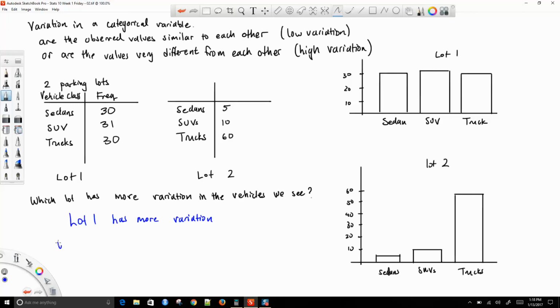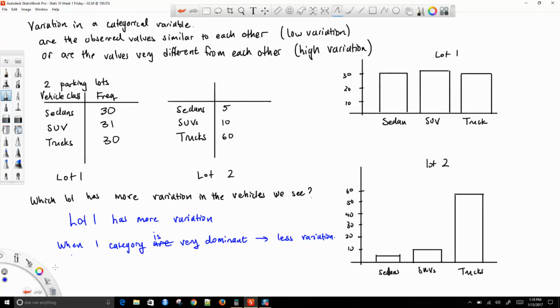So when one category or a few categories are very dominant, that means less variation. Okay, and if none of the categories are very dominant, or if all of the categories are equally represented, then that would equal a lot of variation.